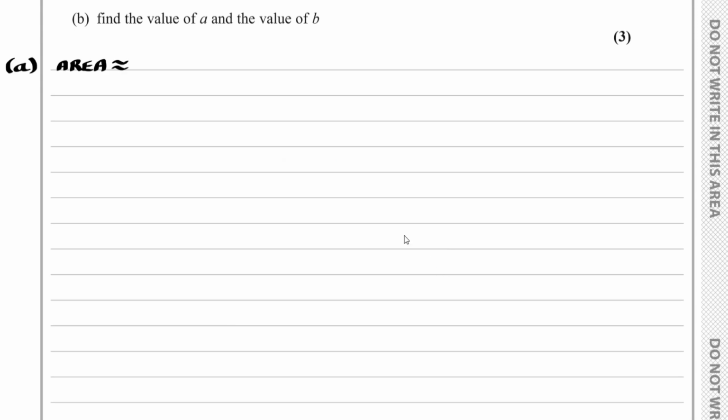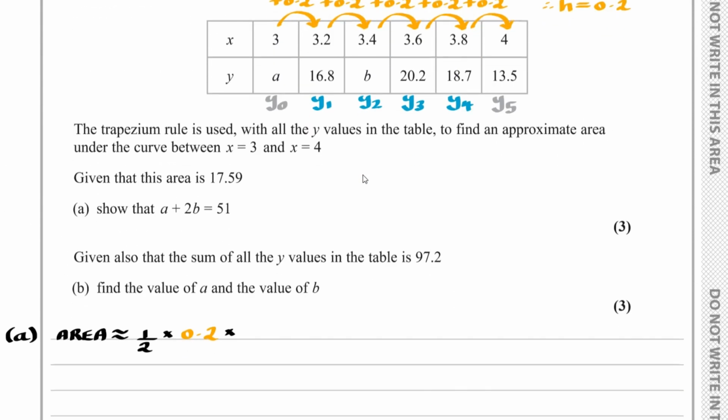So for part A, the area is approximately equal to 1/2 multiplied by h, which is 0.2, multiplied by, well, if we take a look at our table, we've got y0, which is a, and we add on to this y5, which is 13.5, and then we add on 2 multiplied by the values of y in between. So we have 2 multiplied by y1, which is 16.8, plus y2, which is b, plus y3, which is 20.2, plus y4, which is 18.7.